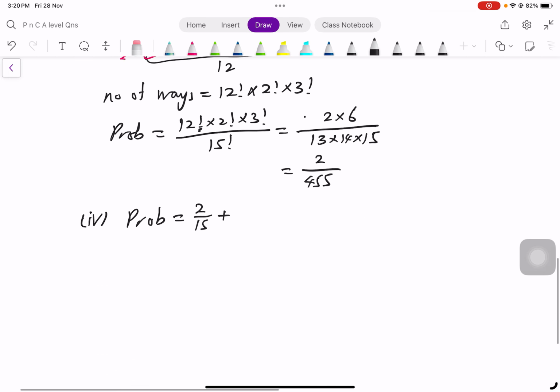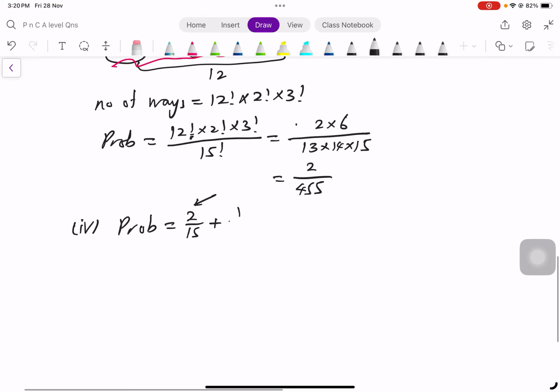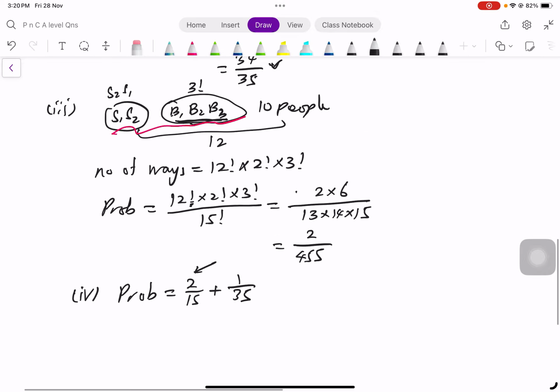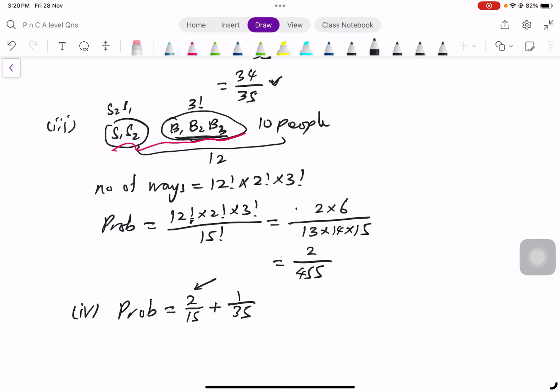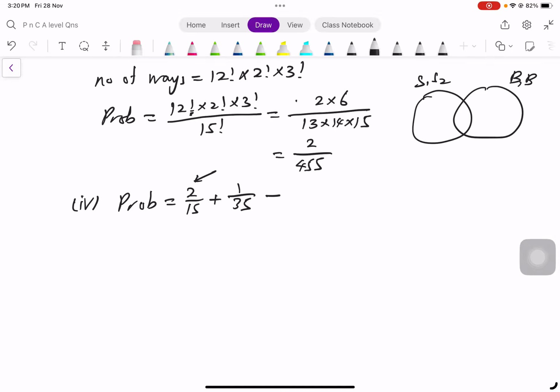Therefore, in this case, it is the case whereby the 2 sisters are next to each other, plus all the 3 brothers next to each other. But there are overlapping cases whereby the sisters and the brothers are also next to each other. Therefore, you should subtract. This is the sisters together, and this is the brothers together, B1, B2, B3.